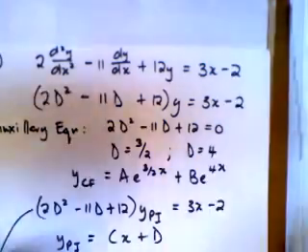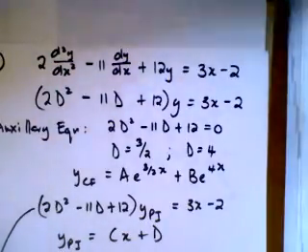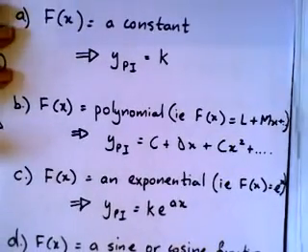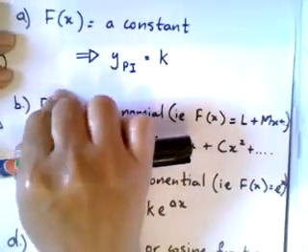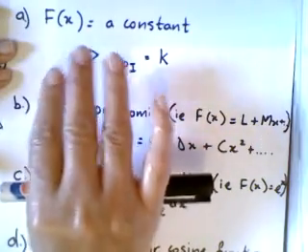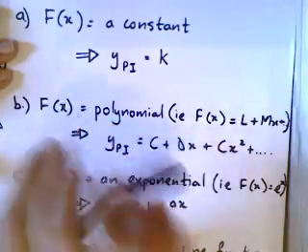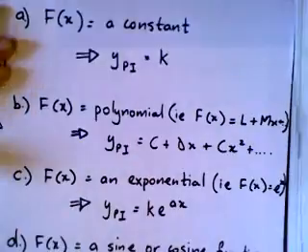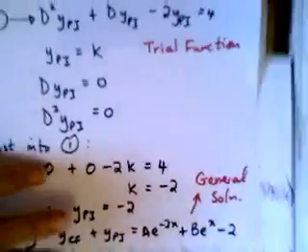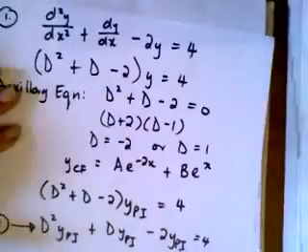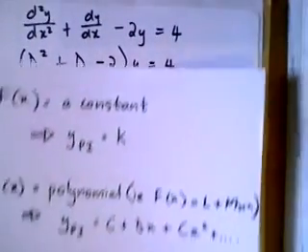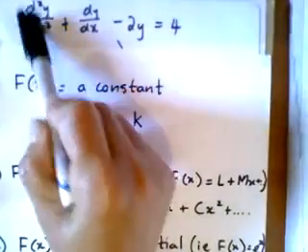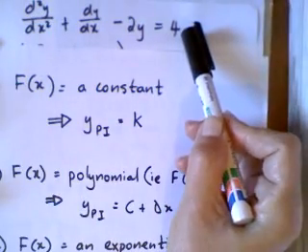Okay, now the method for undetermined coefficients, what we've done is we've actually gone through the first two of, let's say, a template that you can work with. The first one was where your function f(x) is equal to some constant value. So if you look at the first example, you have your differential equation equal to some constant value here.